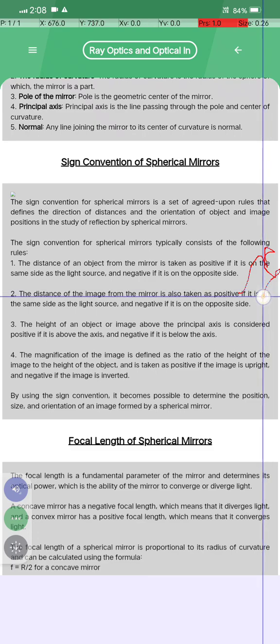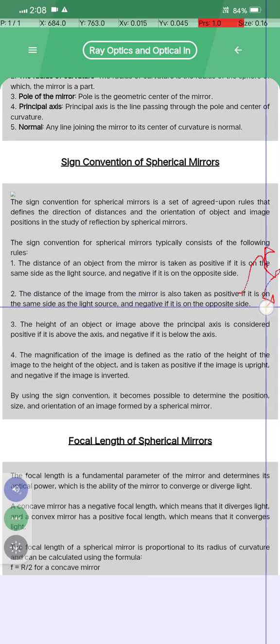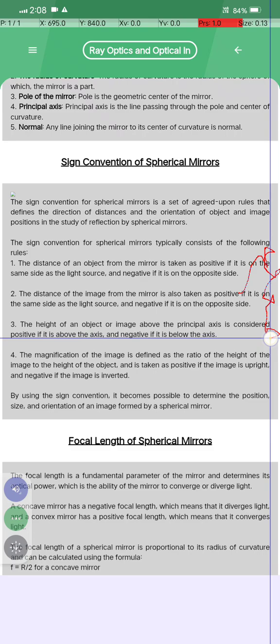Second, the distance of the image from the mirror is also taken as positive if it is on the same side as the light source, and negative if it is on the opposite side. The height of an object or image above the principal axis is considered positive, and negative if it is below the axis.